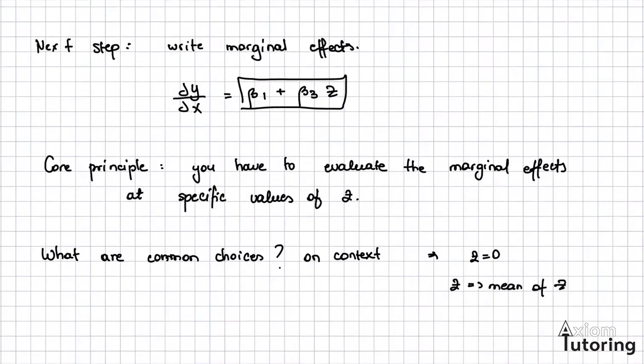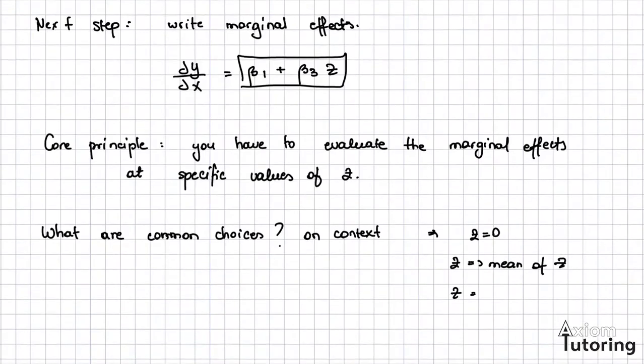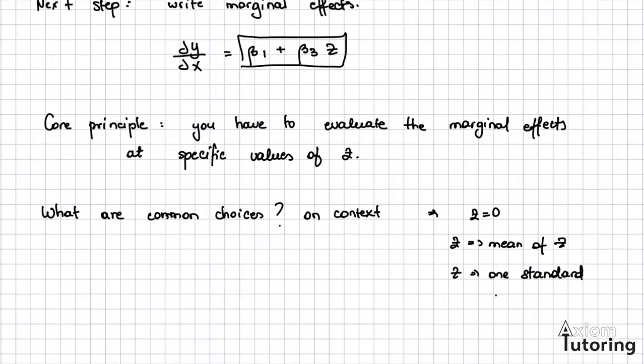Or you can check when z is one standard deviation above the mean. But otherwise, as I said, it will depend on context, on what kind of variables you have and what these values of z mean for the variable that you have. In any case, you always need to state the value which you have used.